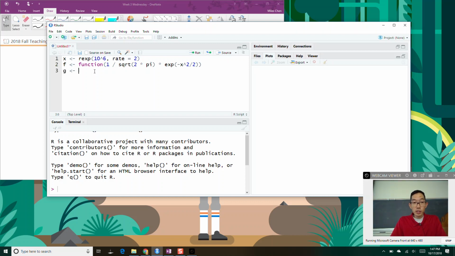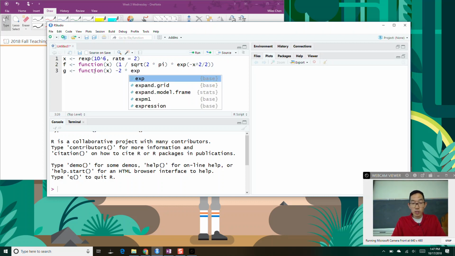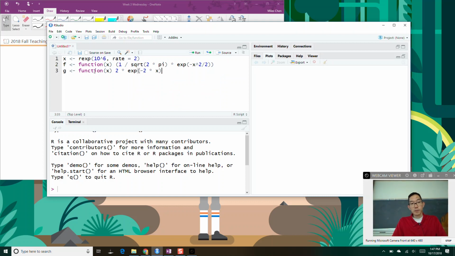And g is going to be a function of x, and it will return, I'm sorry, not negative 2, lambda times e to the negative lambda times x.